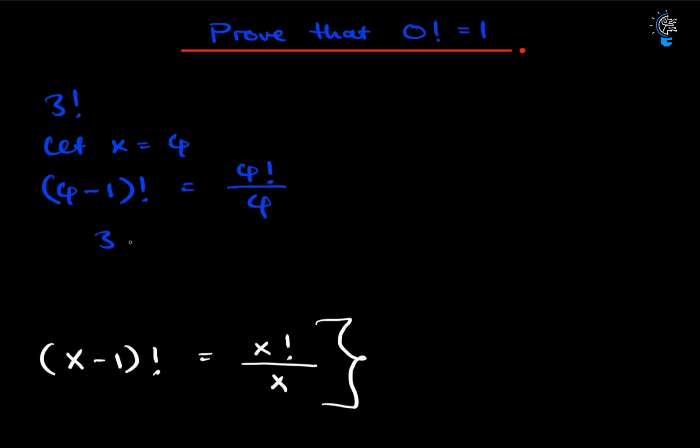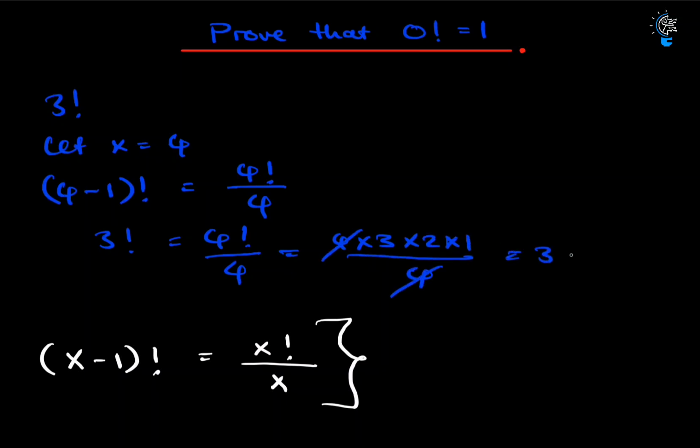And this part will be 3 factorial is equal to 4 factorial divided by 4. We know that 4 factorial is 4 times 3 times 2 times 1 divided by 4. The 4 will cancel with that, and you are going to remain with 3 times 2 times 1.